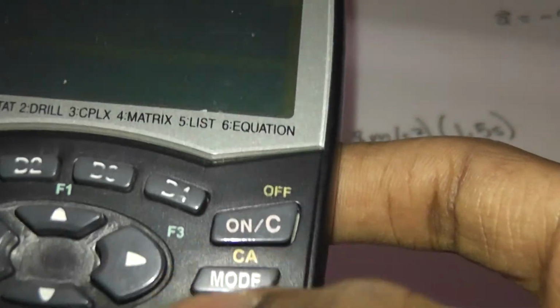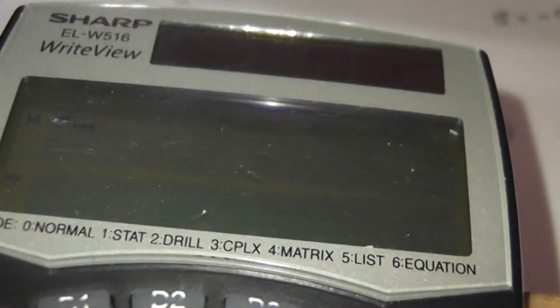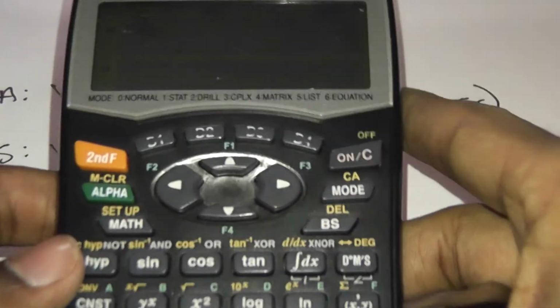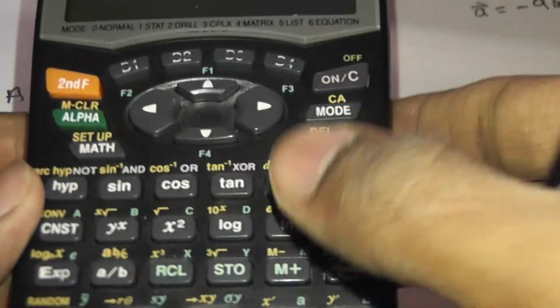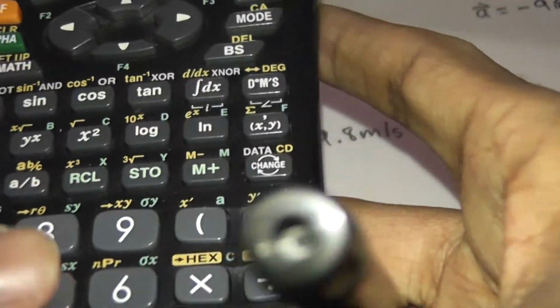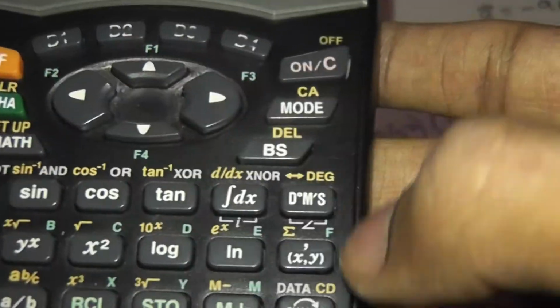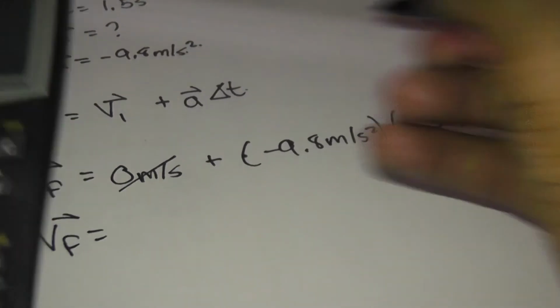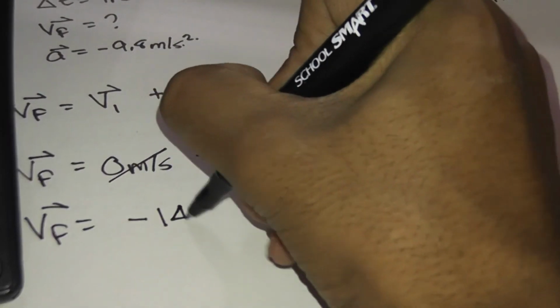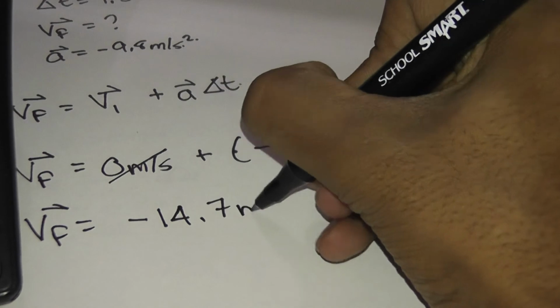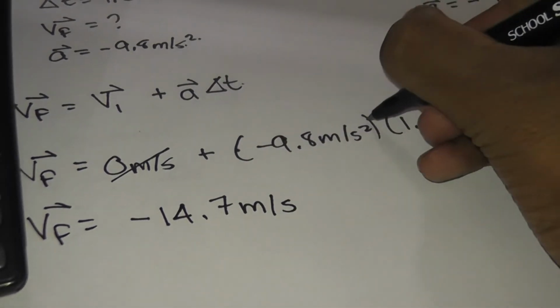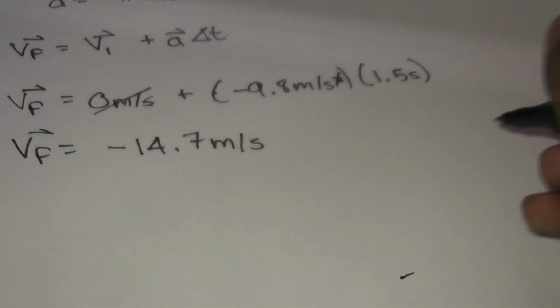So negative 9.8 times 1.5, which gives us negative 14.7 meters per second, as one of these seconds will be cancelled.